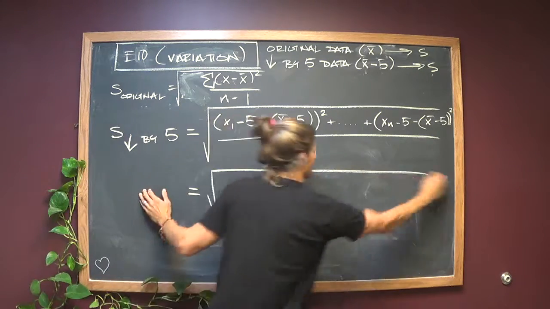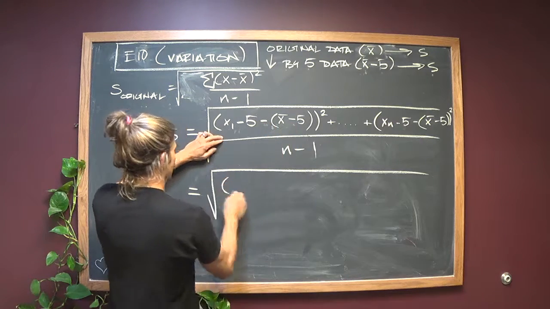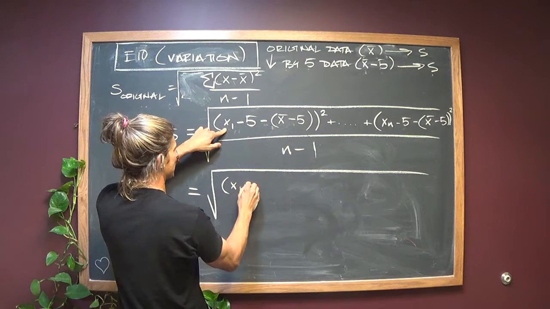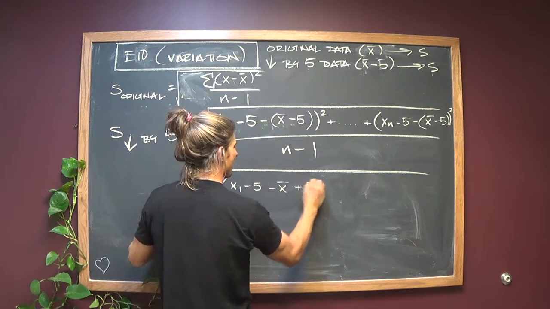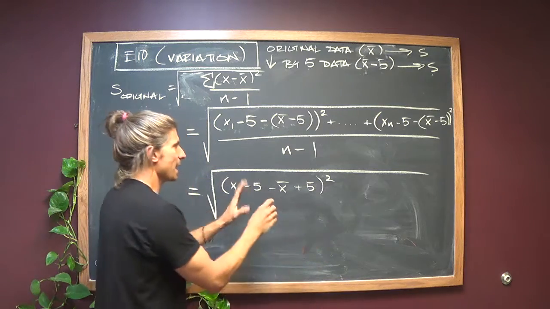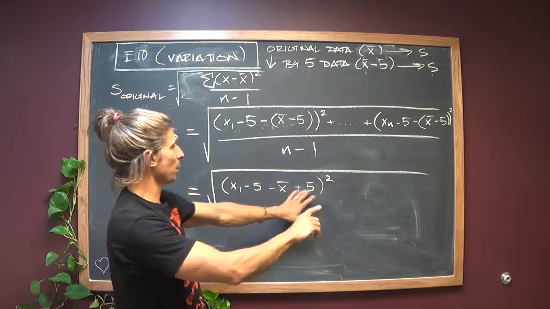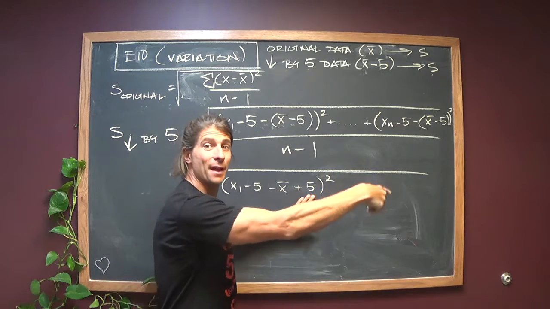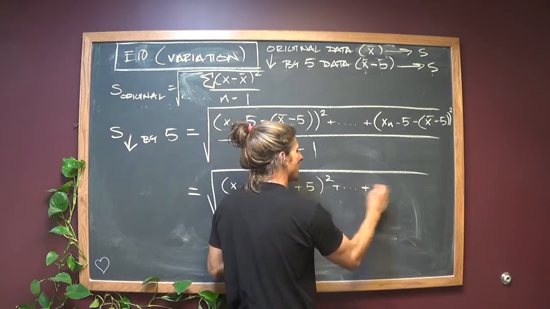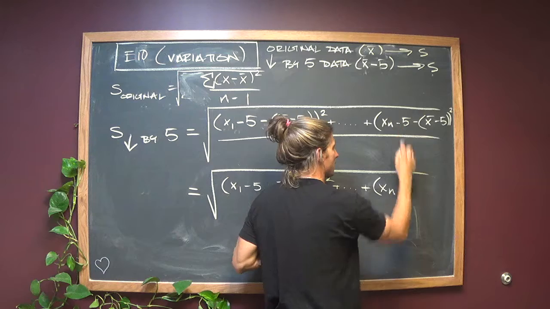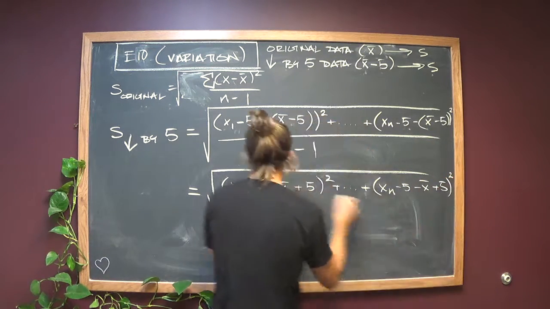Once you apply some really simple arithmetic in here, let's distribute this negative sign. This whole first piece is x sub 1 minus 5 minus x bar plus 5, the quantity squared. If we had room on the board, the next one would be x sub 2 minus 5 minus x bar plus 5. x sub 3 minus 5 minus x bar plus 5, and so forth, all the way down to x sub n minus 5 minus x bar plus 5, the whole quantity squared.